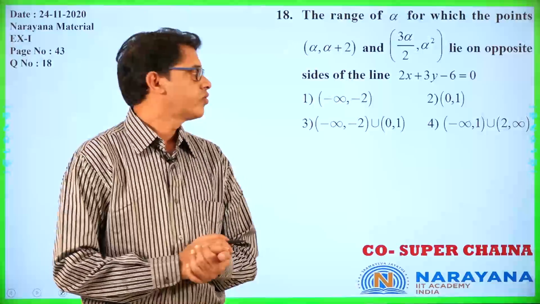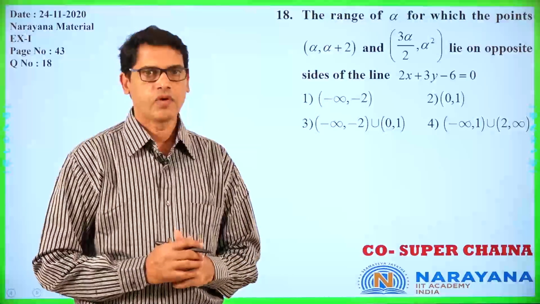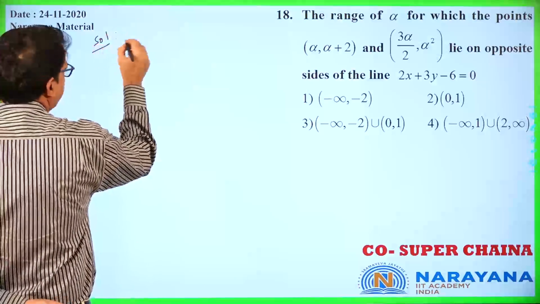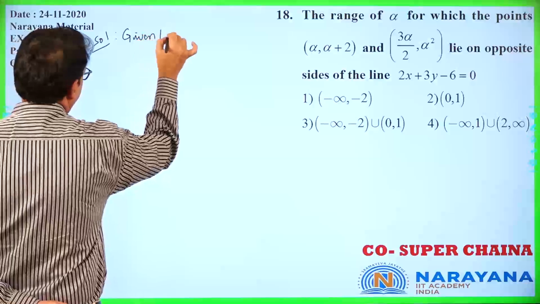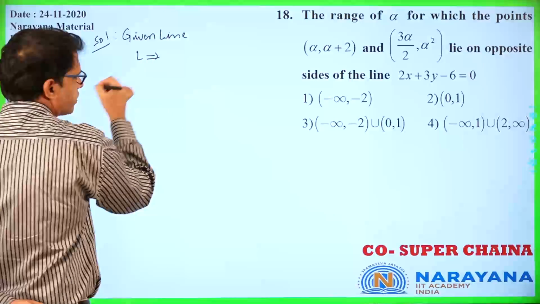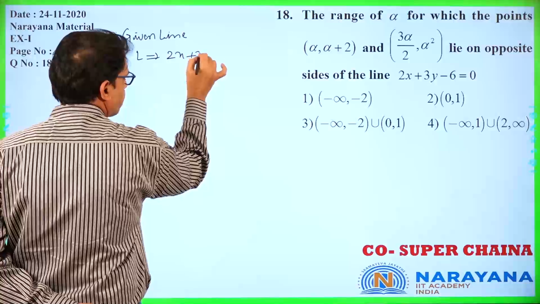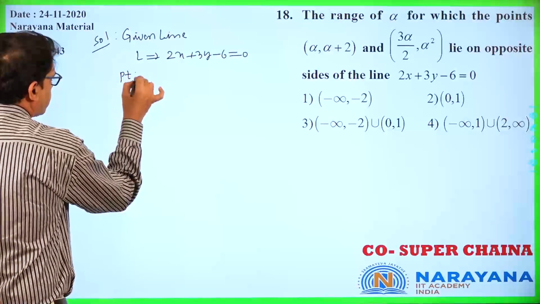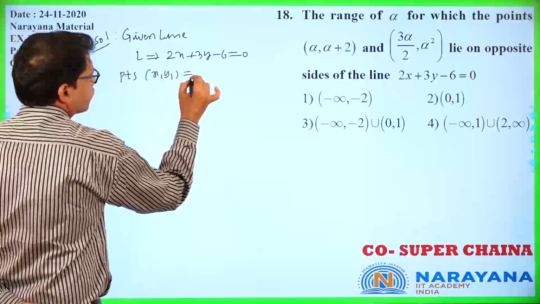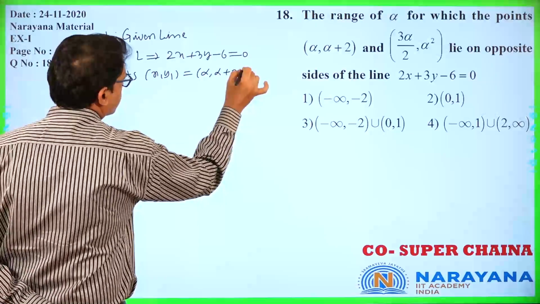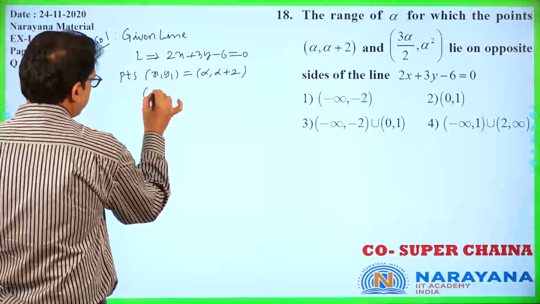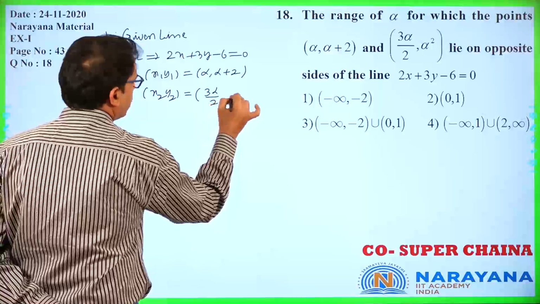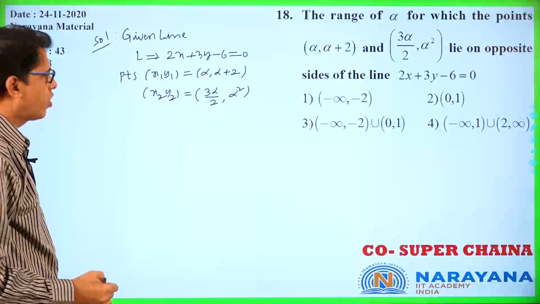See here what is given: line L is 2x plus 3y minus 6 equals 0. The first point (x1, y1) is alpha comma alpha plus 2, and the second point (x2, y2) is 3 alpha by 2 comma alpha square.